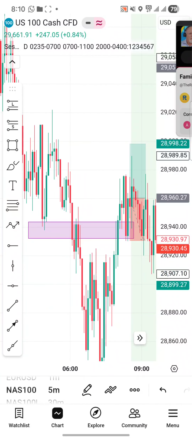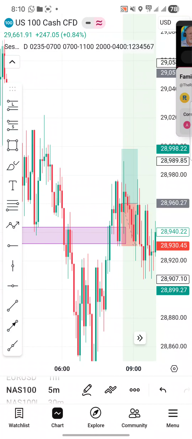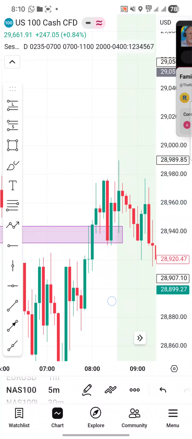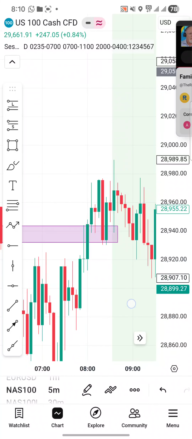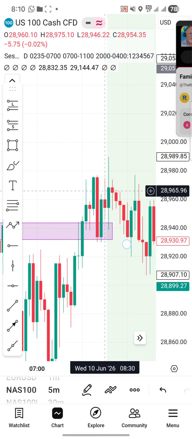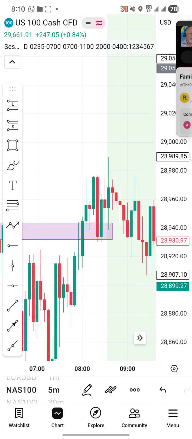Because it does touch the zone just fine after this big red candle pushes us into the zone. But by the time 840 comes around, at the close of this 835 candle, we've already messed up this zone. Already went up, came down, went up, had a red candle, and then went up again. If this was 2 green candles, that would have been fine for an entry, but it's not, so we can't enter that.